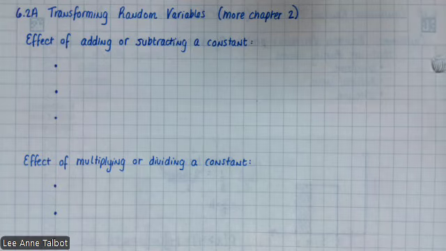What I'd like you to do is take 30 seconds, flip back into your notebook if you still have that chapter in there, find your chapter 2, see if you can figure out, refresh your memory. Seeing if you can find this lesson in chapter 2. Transforming, I don't think it said random variables, but it said transforming something. Transforming data.